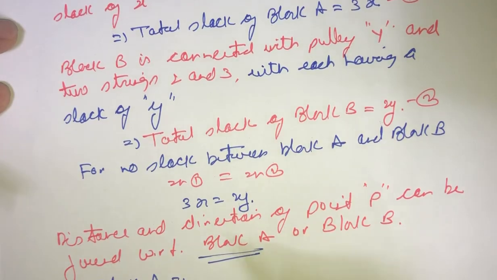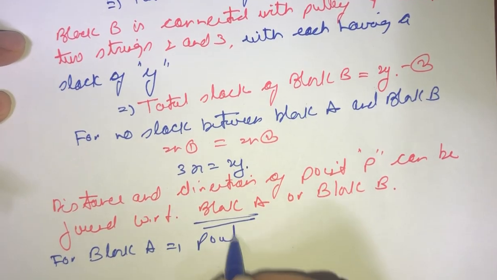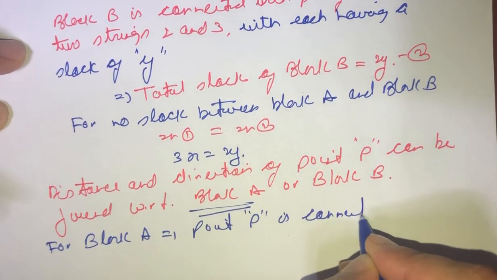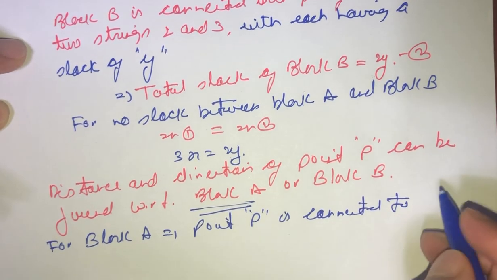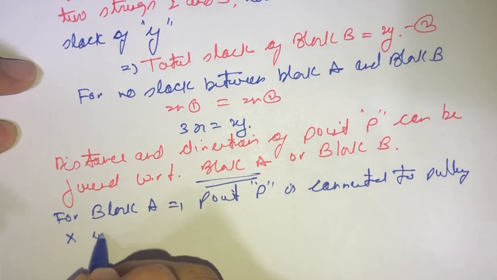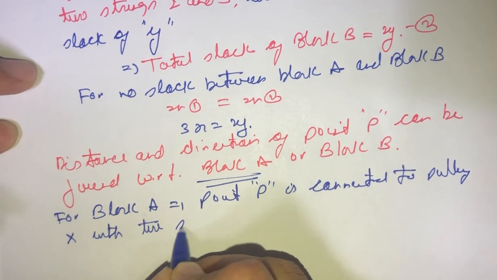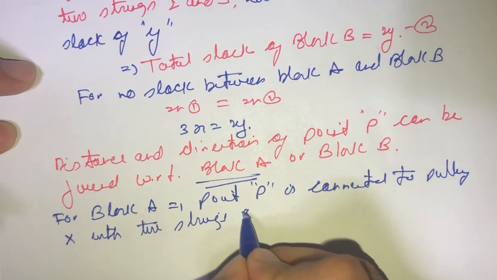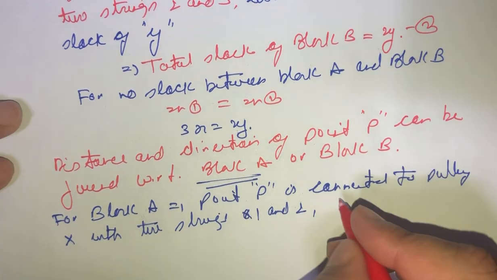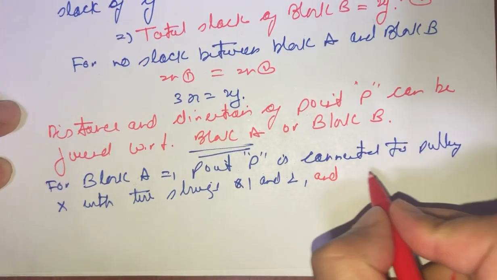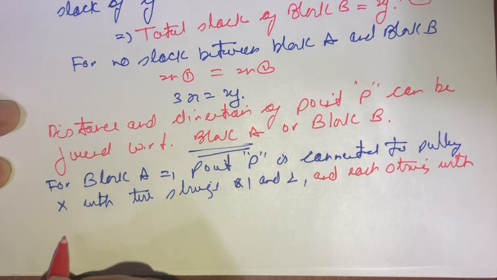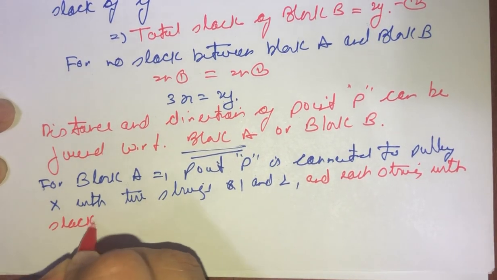For block A, point P is connected to pulley x with two strings, 1 and 2, and each string is having a slack of x.